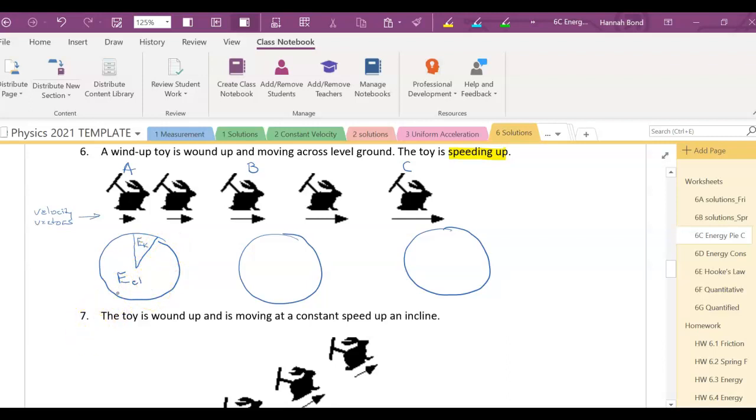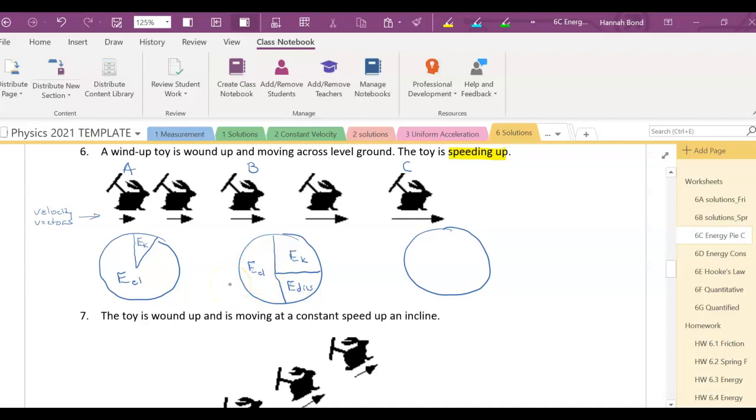Now in the second view, the bunny is much faster, so I should see kinetic energy be larger. The elastic potential energy should be smaller, because the spring is gradually unwinding. But the other thing that's happening here is that the bunny's feet are rubbing across the ground, and so there is some energy that is being dissipated due to friction.